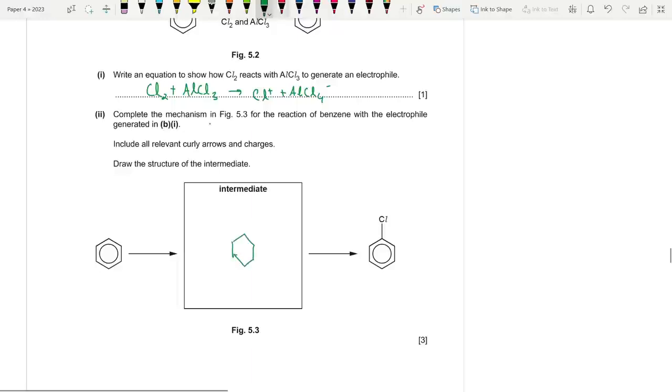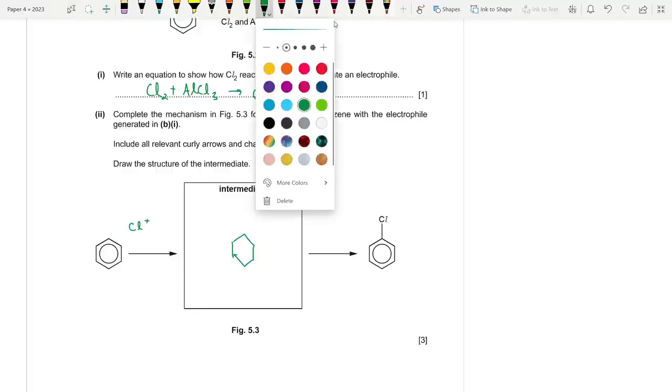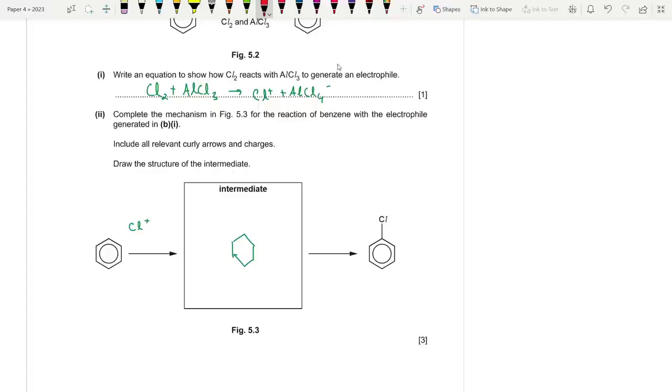So what happens? At first, there will be attack by the electrophile on the nucleophile. So the electrophile here is Cl+. The electrophile attacks the nucleophile, right? But remember, arrows always need to be drawn from the nucleophile to the electrophile, okay? So the electrophile attacks the nucleophile, but we draw the arrow like this. What's the next step?